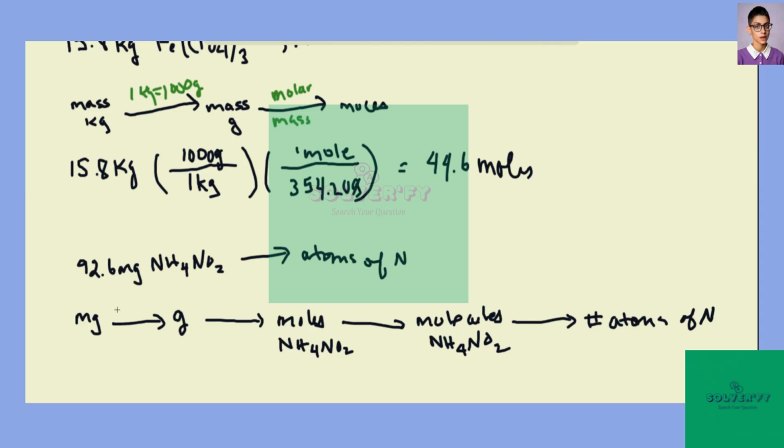So to go from milligrams to grams, we know there are 1,000 milligrams in every 1 gram. From grams to moles, we'll use the molar mass. From moles to molecules, we use Avogadro's number. And then finally, we use the chemical formula to see how many atoms there are in every molecule.